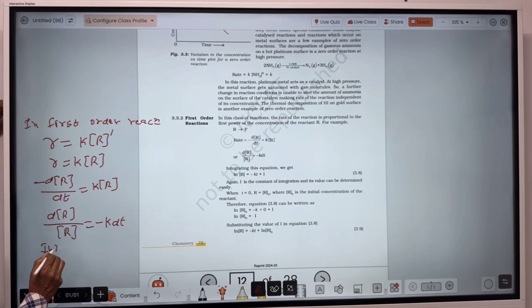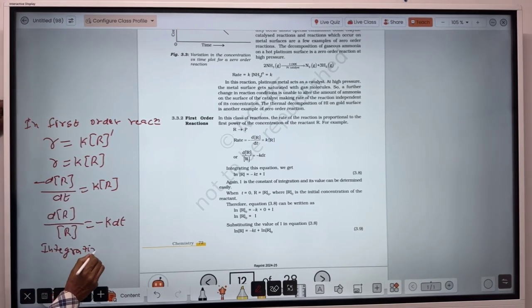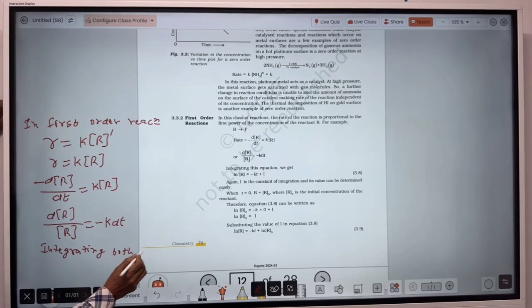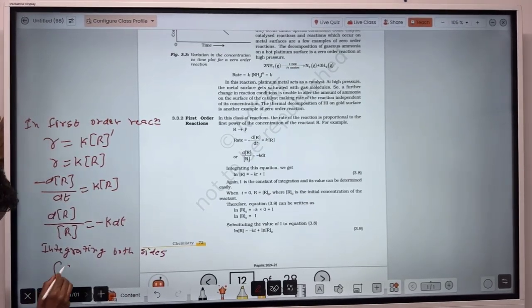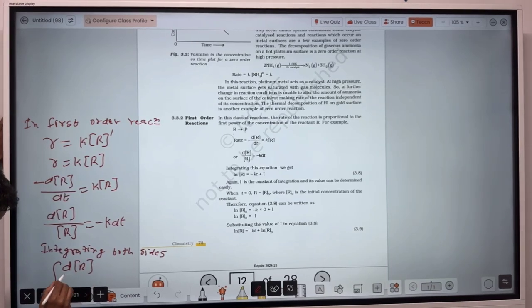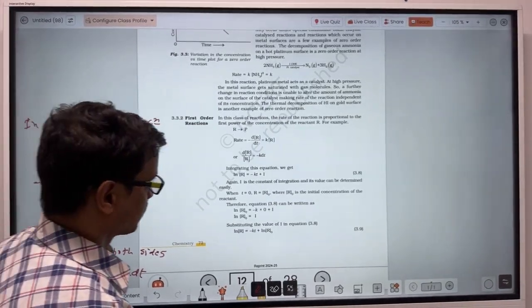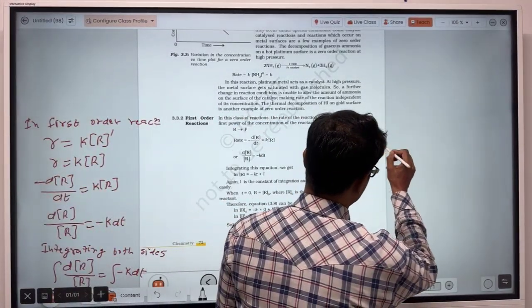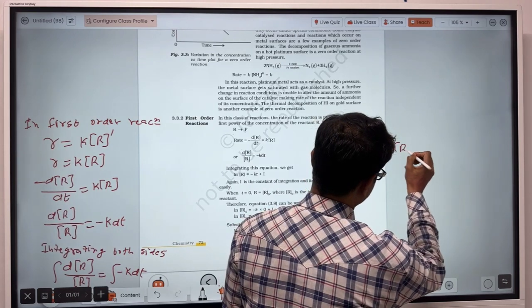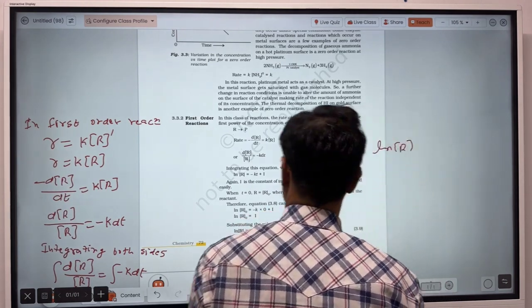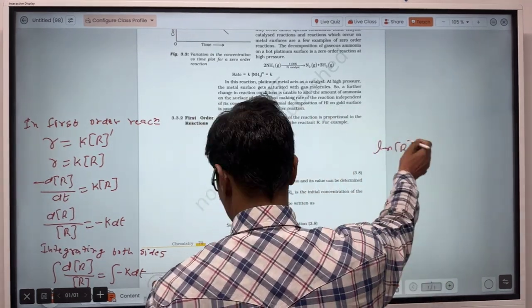Now integrate both sides. When you integrate dR by R, that will be equal to the integration of minus k dt. Now integration of dR by R will be equal to log R to the base natural exponent, that is natural log.